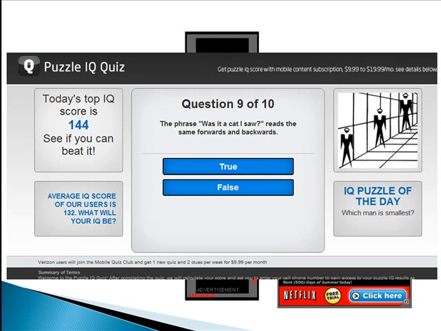It utilizes techniques like "Today's top IQ score is 144. See if you can beat it." You have to go through this in order to answer those questions and find out what yours is. "Here's the average IQ. What will your IQ be?" These kinds of things provoke people in an emotional way so that they go through.